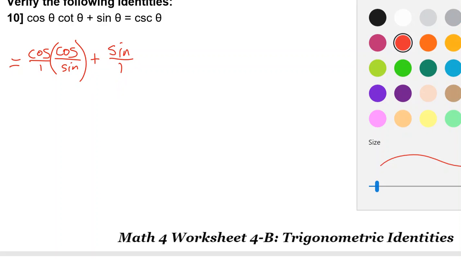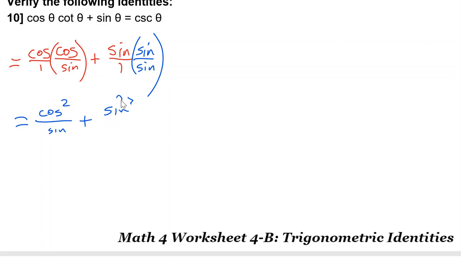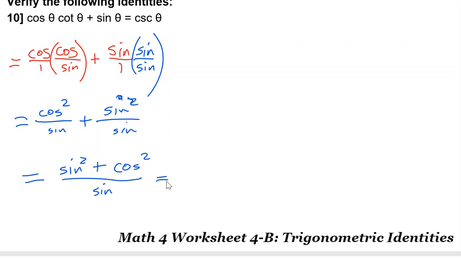Now, this is going to feel familiar, but we did it with cosines, and now we're having to do it with sines, so that I can have a sine on the bottom, a common denominator, so that I can combine these two. Cosine squared over sine plus sine squared over sine is going to give me, and I'll put it in the right order, sine squared plus cosine squared over sine, which sine squared plus cosine squared equals 1.